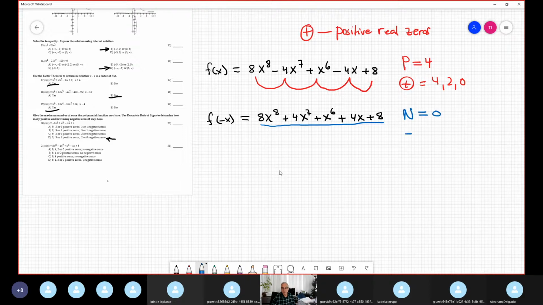That means that the number of negative real zeros in this polynomial is 0. In other words, they do not exist. No negative real zeros.